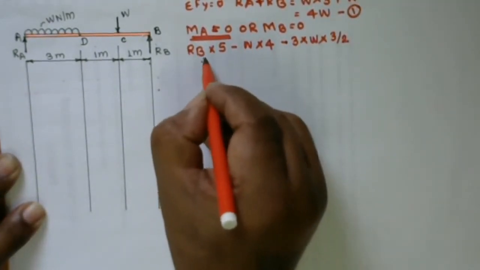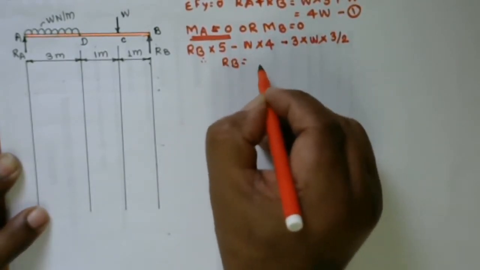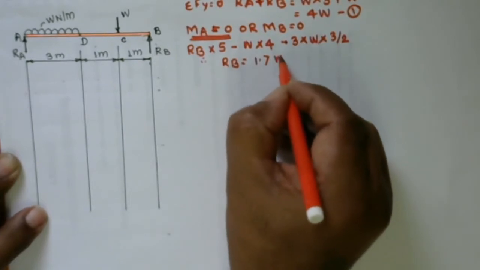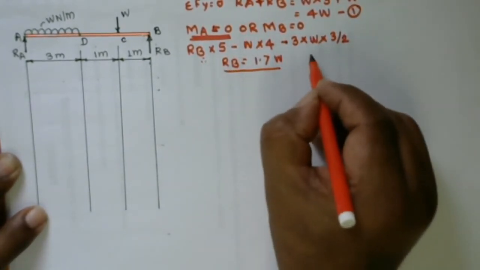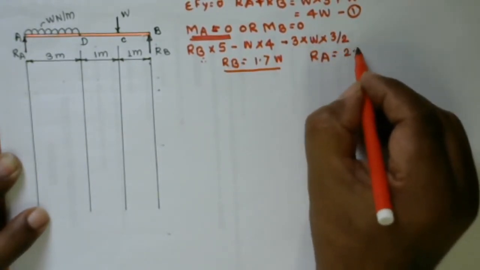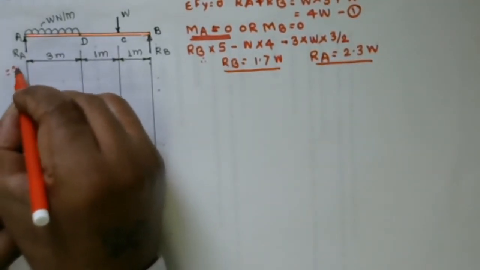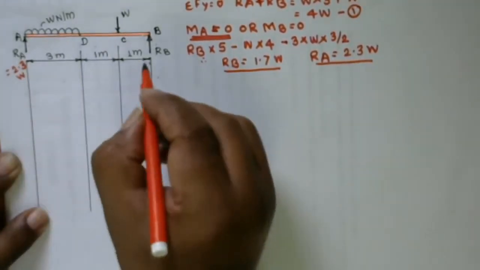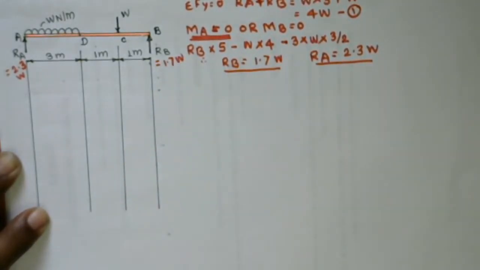So therefore here RB is equal to 1.7 W. Put this value in equation number 1. You will get the value of RA. So RA is equal to 2.3 W. RB is equal to 1.7 W.